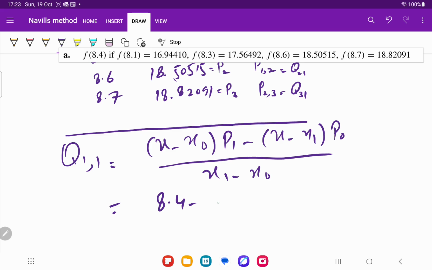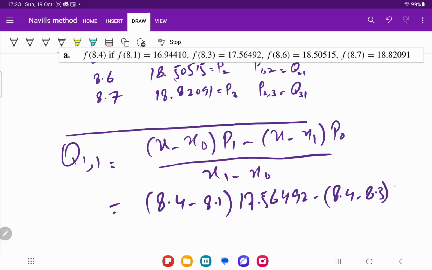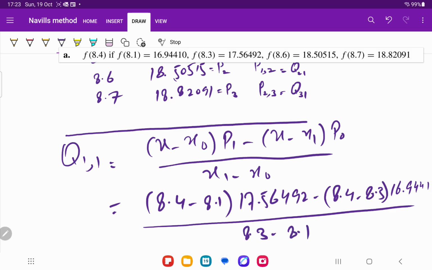So x minus x0, 8.1, multiplied by P0, which is 17.56492, minus 8.4 minus x1, 8.3, multiplied by 16.94410, divided by 8.3 minus 8.1.